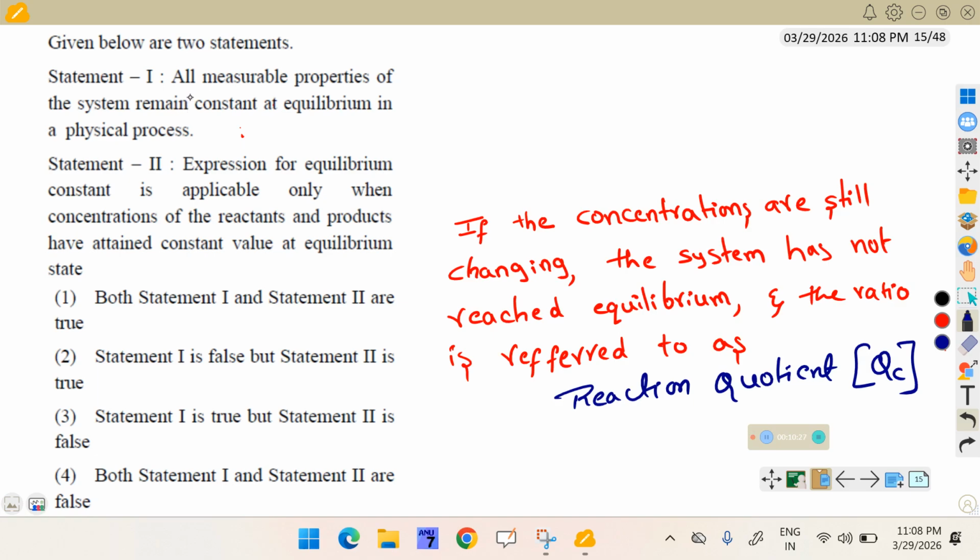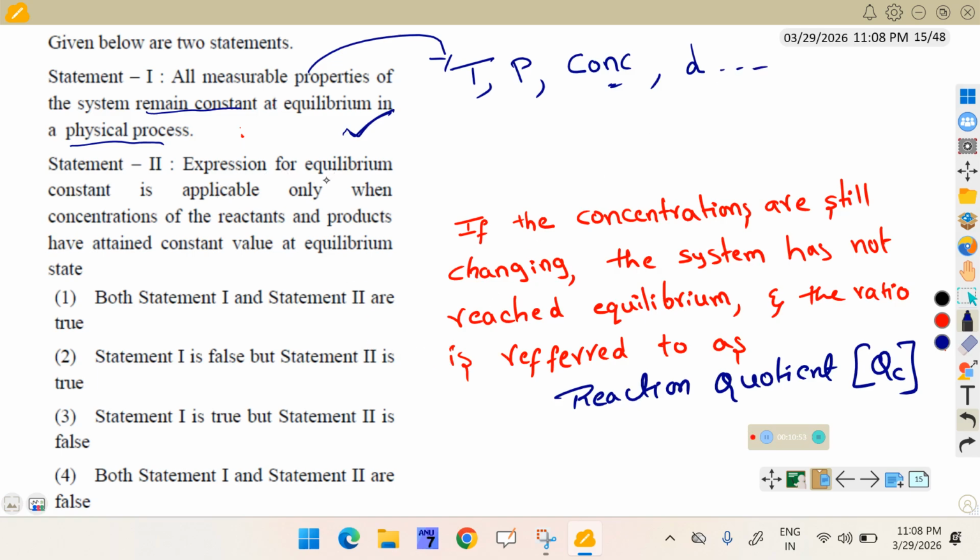Statement 1. All measurable properties of the system remains constant at equilibrium in physical process. Yes, this statement is correct, no doubt. What are the measurable properties here? The measurable properties are temperature, pressure, concentration, density, and so on.